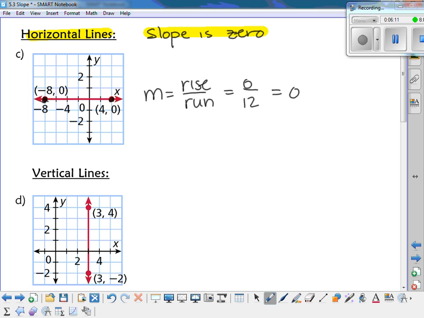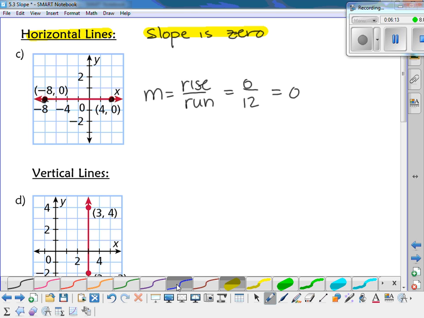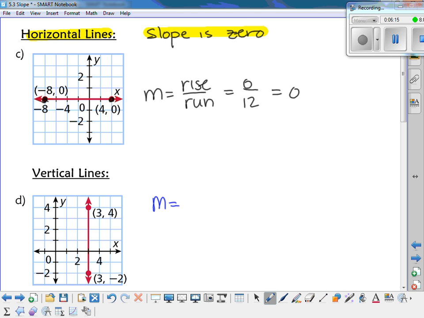Now if I look at my vertical lines, now I can see I've got a rise of 1, 2, 3, 4, 5, 6. But did it go left to right at all? No, there's no run. And are you guys allowed to divide by 0? No, you can't divide by 0.